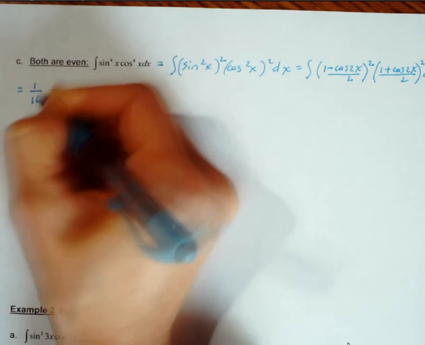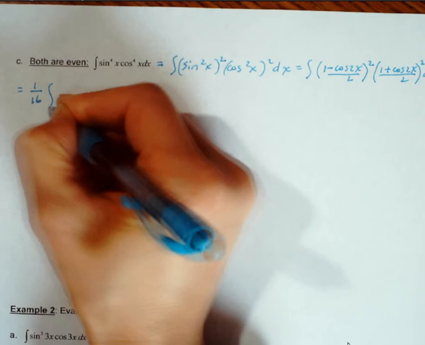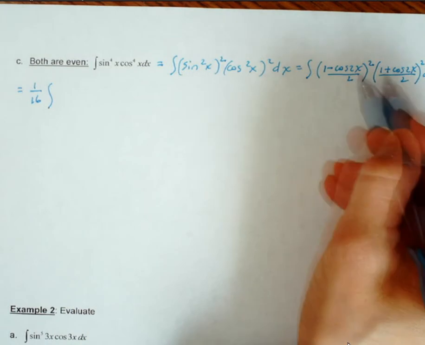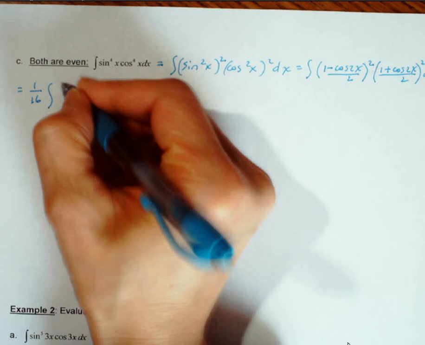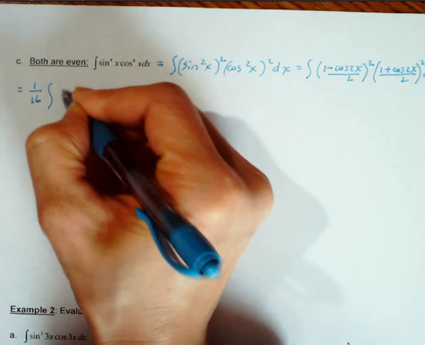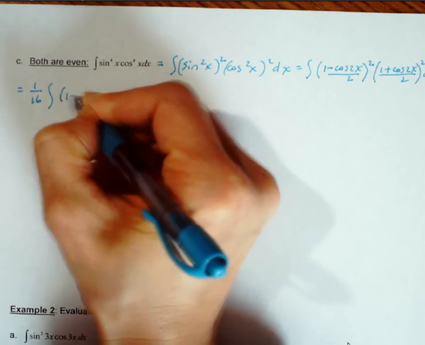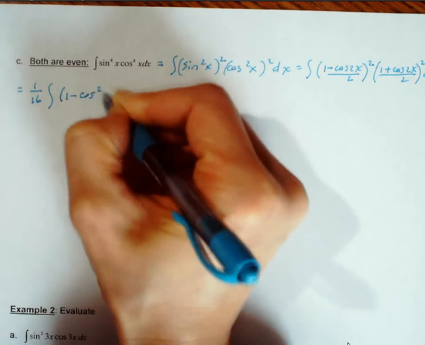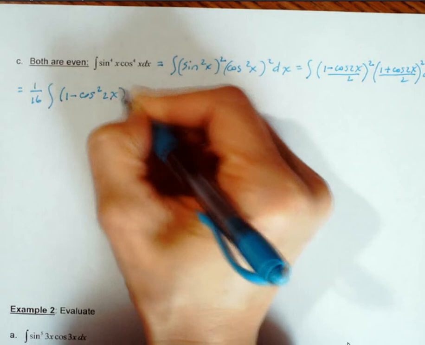Then it's the integral of, and I actually have a difference of two perfect squares, so I'll write that out. It ends up being 1 minus cosine squared of 2x, and that whole quantity squared.